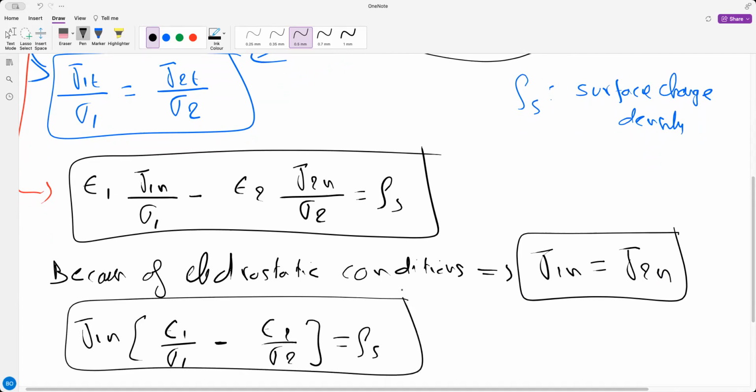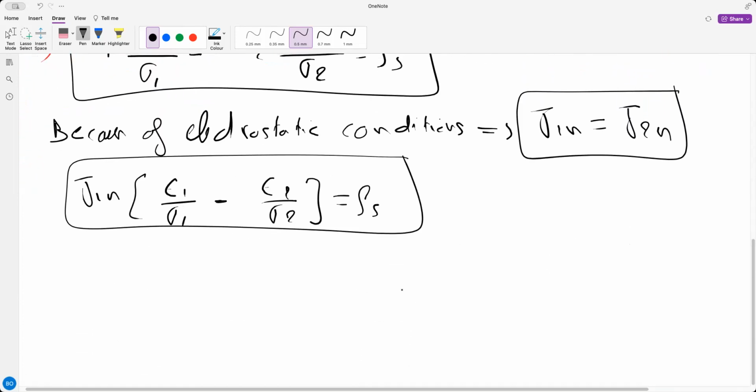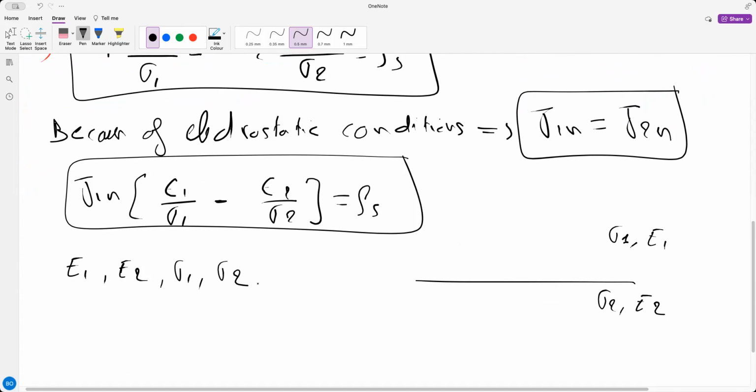Okay. Now to come back to your question, Noor, for example, I can give you two media. Let's say this is sigma 1, E1, sigma 2, E2. I can give you the values for E1 and E2, and I will give you sigma 1, sigma 2, and ask you, using the boundary condition, to calculate the component of J1n or the surface charge density and something like that.